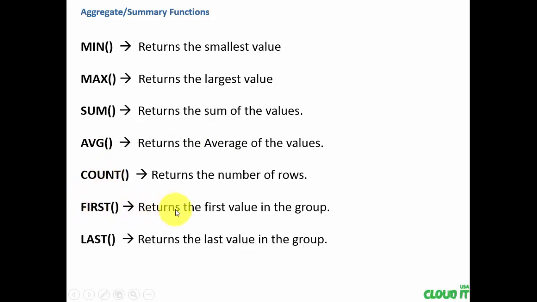First, returns the first value in the group, and last returns the last value in the group. Like this, different functions do a different job. Let's look at how these functions work.